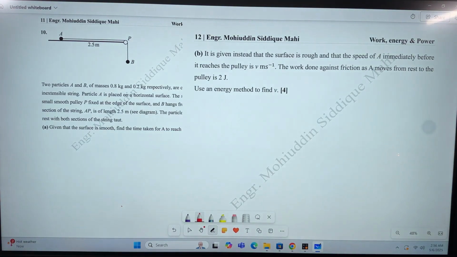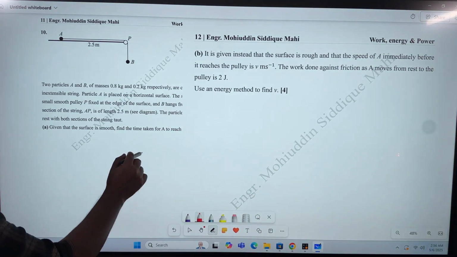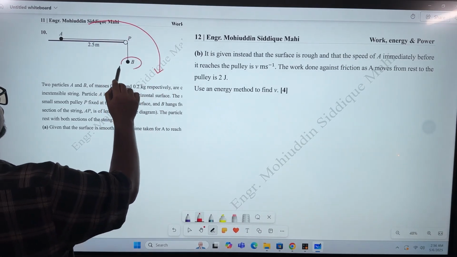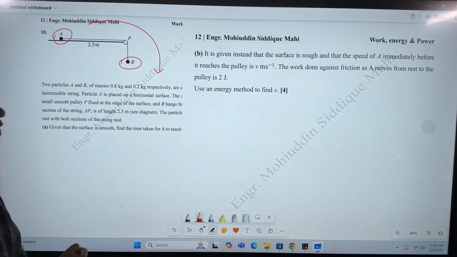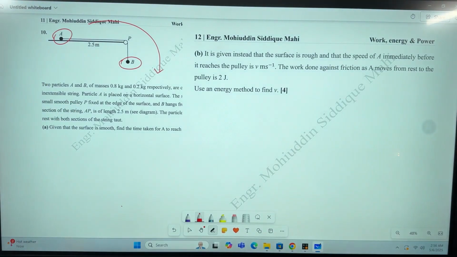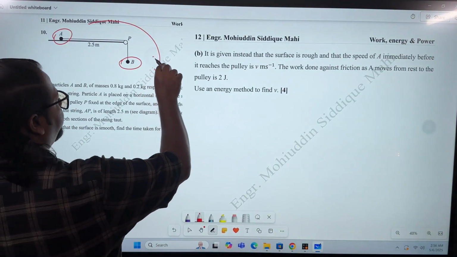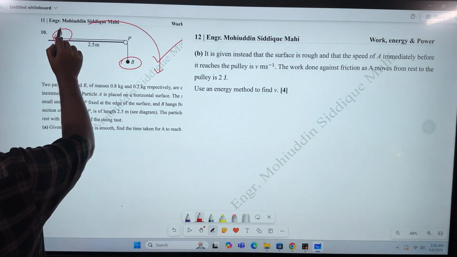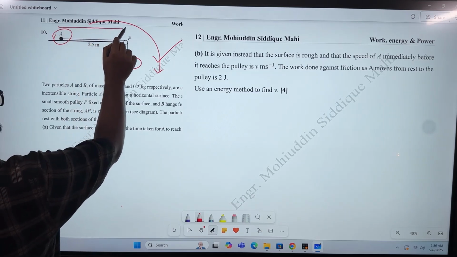Now the system will definitely move downward. Both B and A are above the ground, so they have some gravitational potential energies, but we will only consider the loss of gravitational potential energy of B but not A. Why? Because the position of A is being changed in the horizontal direction.